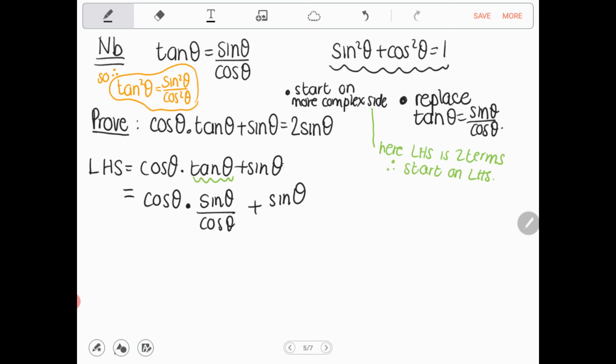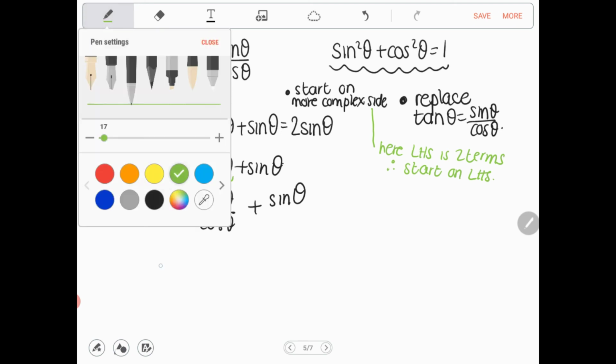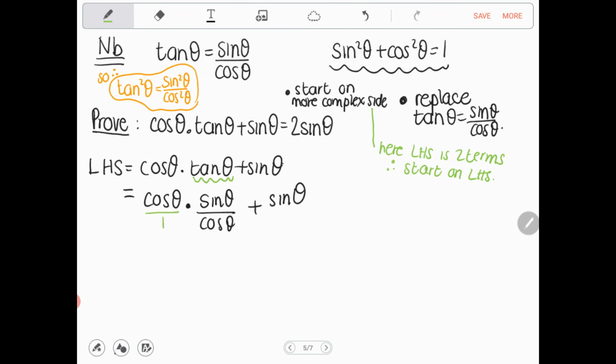Okay, now remember we've got whole numbers. So we're going to do multiply first. So we're going to be doing our multiplication, and can you guys see that this cos would cancel with that cos? Okay, that's one term at the top, one term at the bottom, so those can cancel.